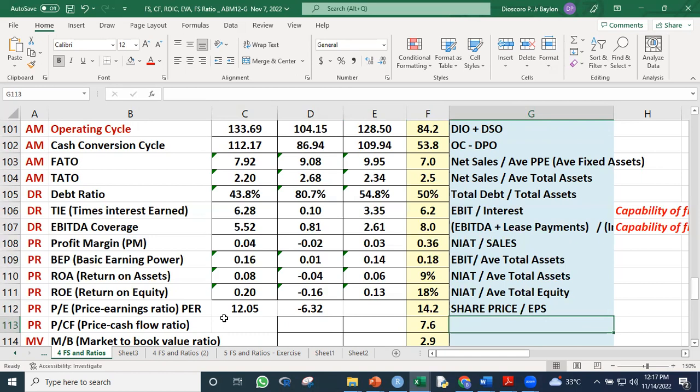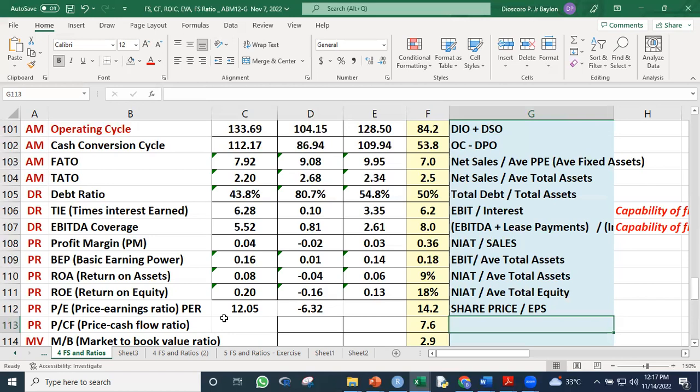So the PE ratio tells us how much you should be paying in order to expect 1 peso of earnings from that company. Okay, you got it, guys? How much should you be willing to pay for a share of stock for every 1 peso of earnings that you get from that company?